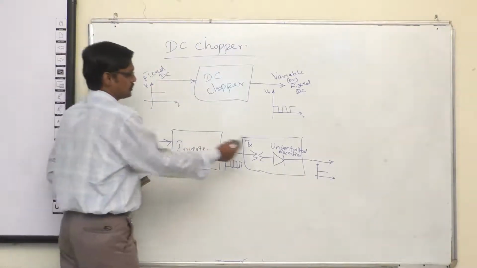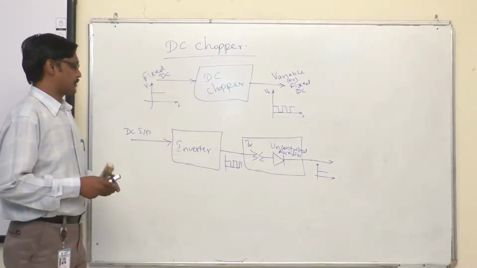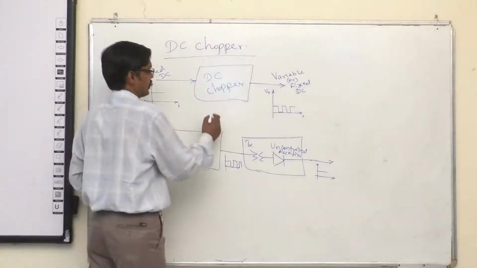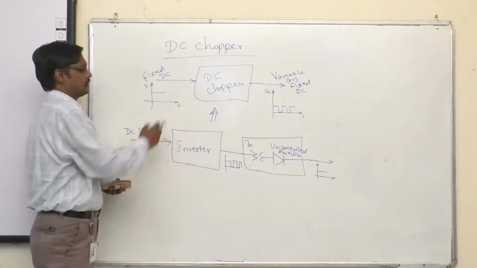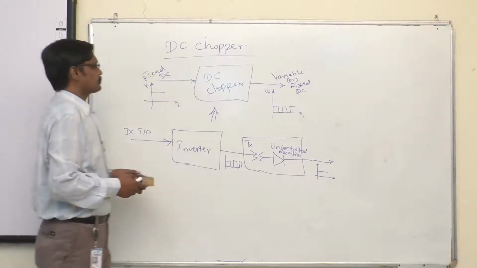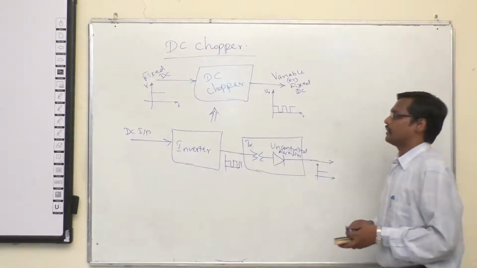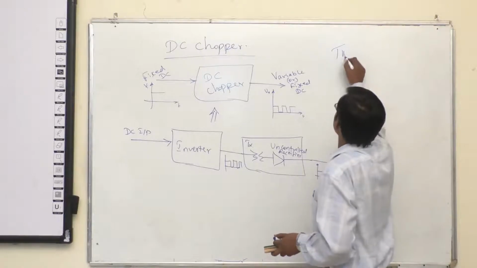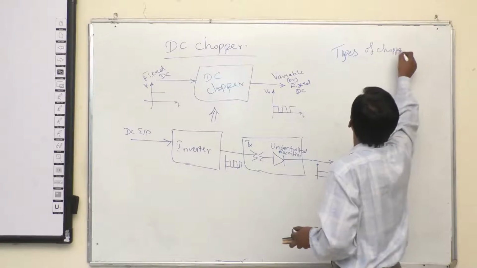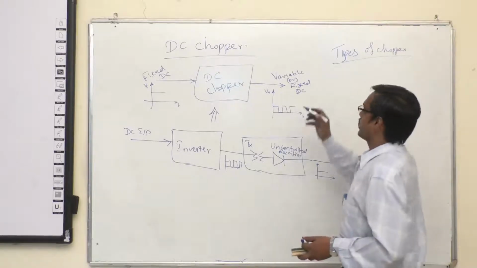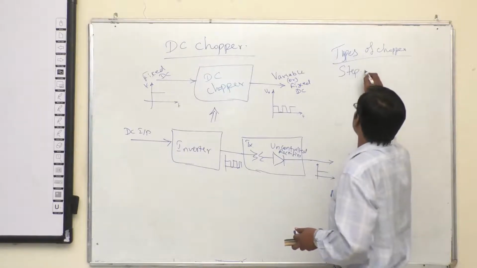So this two-stage conversion is nowadays performed by a DC chopper. It replaces the two-stage conversion. So there is a major advantage of DC chopper. Now, how to control this before going to the types of chopper? Based on the operation of the chopper, it is divided into two types.